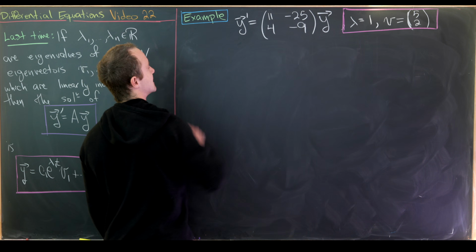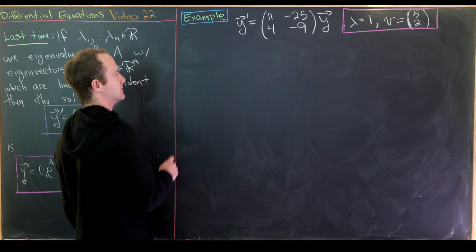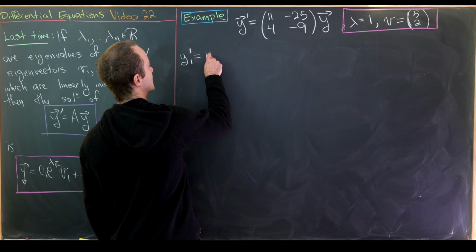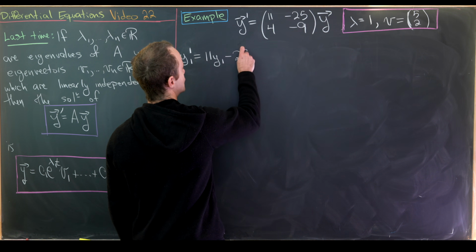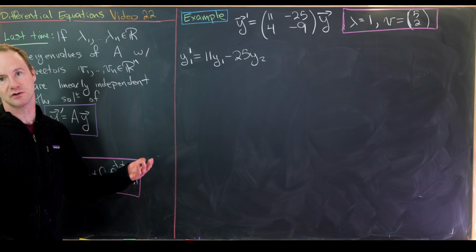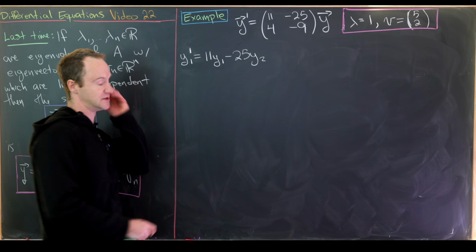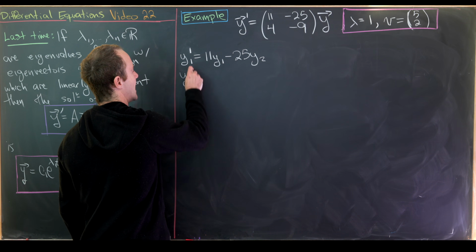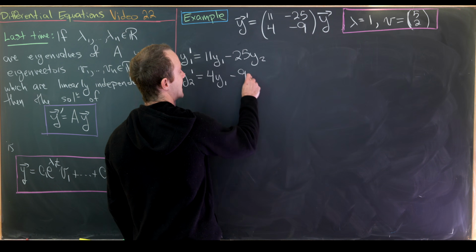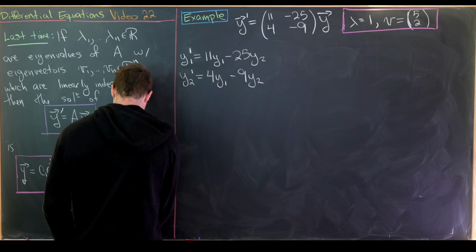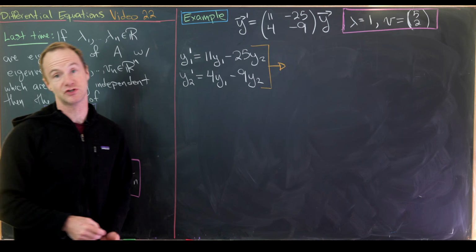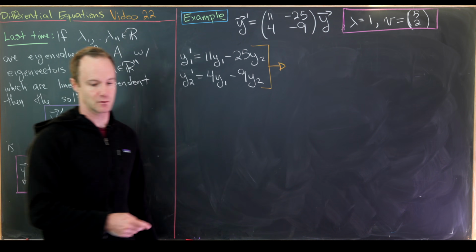So now let's rewrite this vector differential equation as a system of differential equations. That means we'll have y1 prime is equal to 11y1 minus 25y2. So that's assuming that vector y is equal to components y1 and y2. And then likewise, we'll have y2 prime is equal to 4y1 minus 9y2. Great. And now I will rename y1 just plain old y, but not vector y.